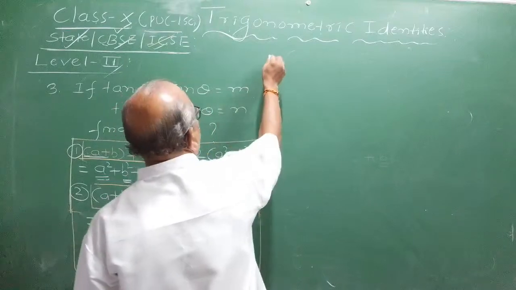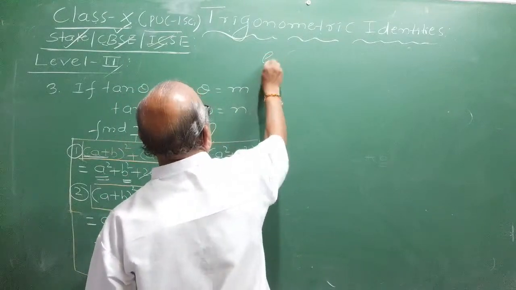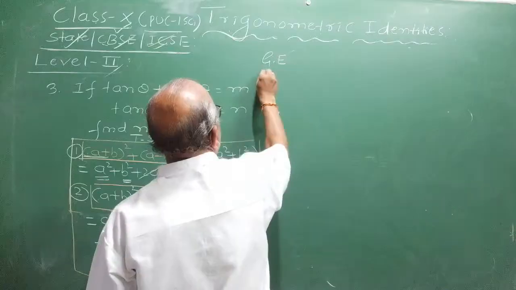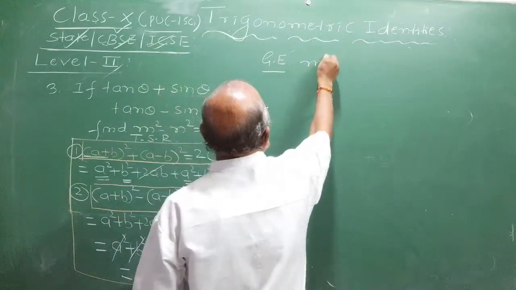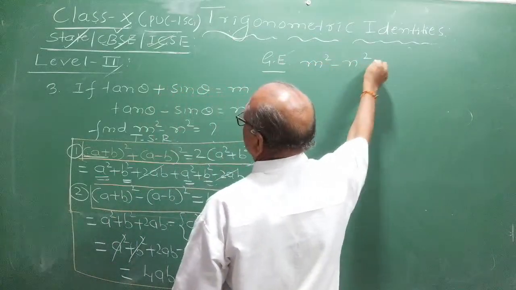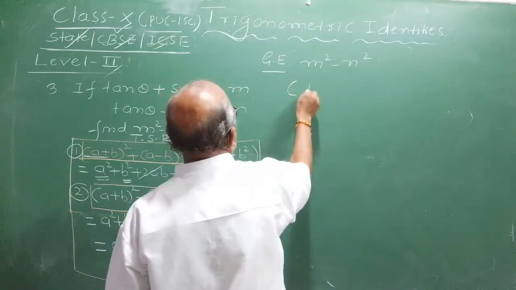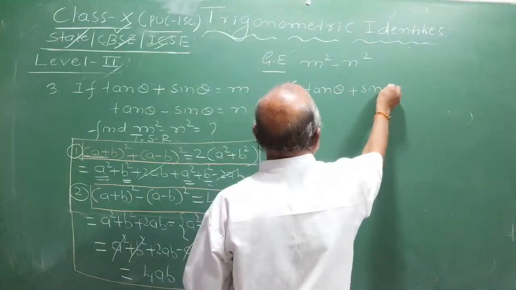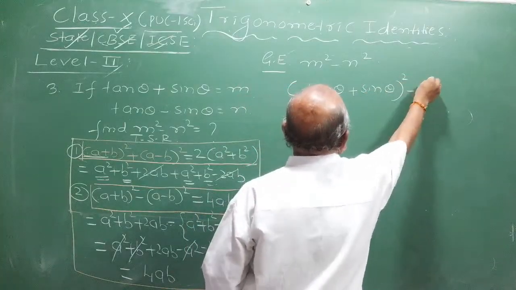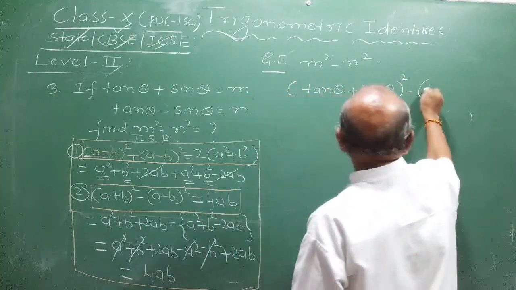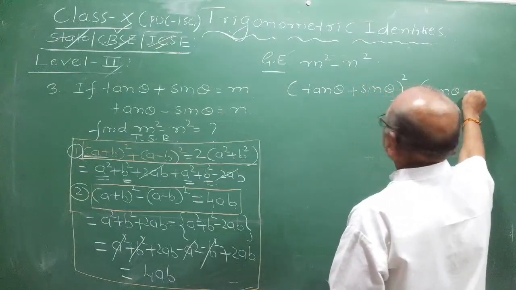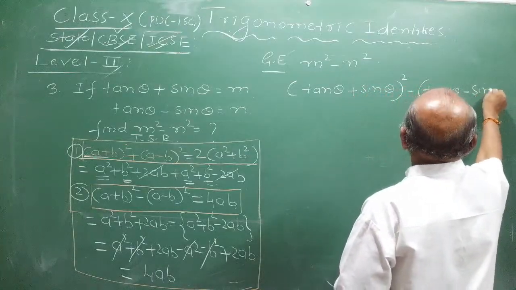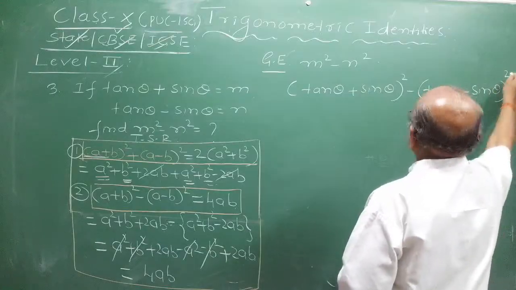Now you are asked to take the given expression, GE. GE stands for given expression, m square minus n square. What is m here? M is (tan theta plus sin theta) whole square minus (tan theta minus sin theta) whole square.